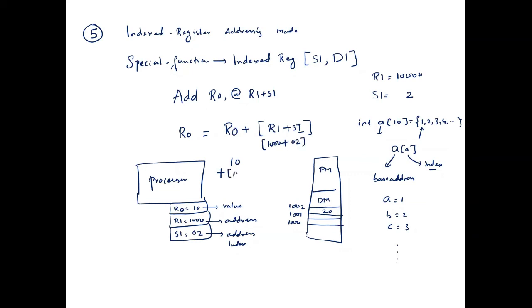It will add the content of the memory location whose address is 1000 plus 2. In 1002 we have 20. So it will add 20, then it will store 30. So 30 will be saved here in register R1. This method we call indexed register addressing mode.